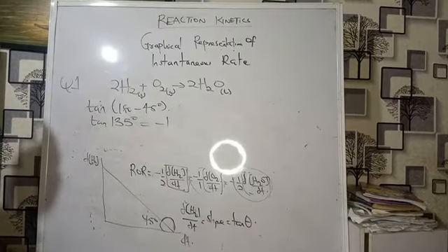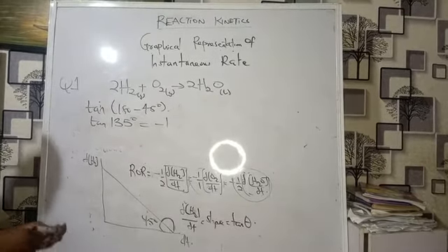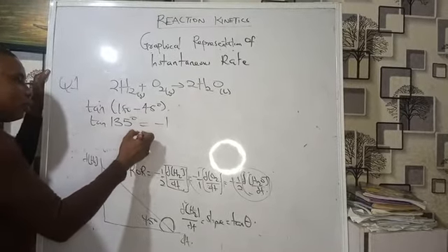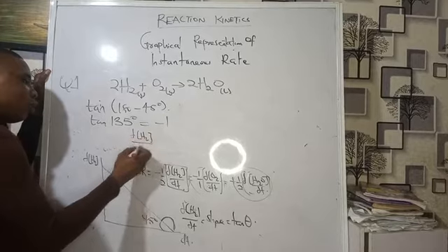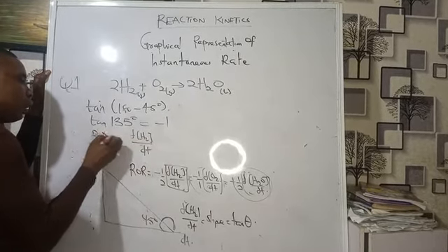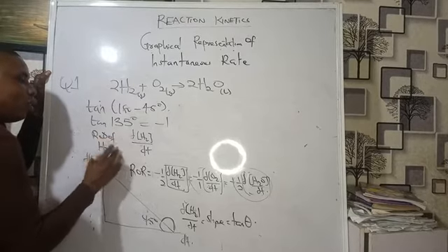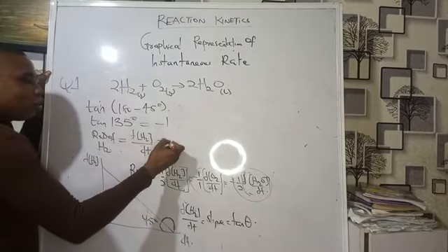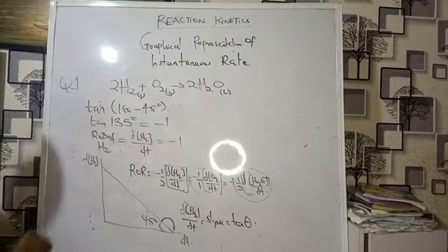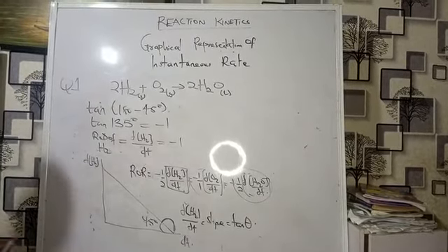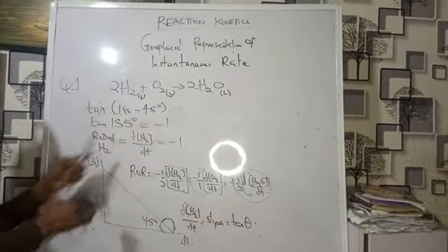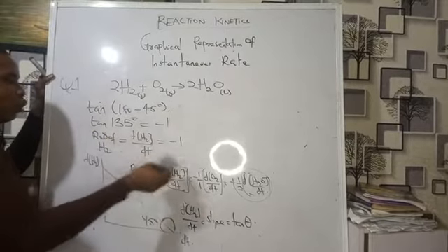So the rate of disappearance of H2 equals minus 1. So what we are told to calculate is rate of reaction. Now, what is the rate of reaction, guys? We know rate of disappearance of H2 is minus 1.